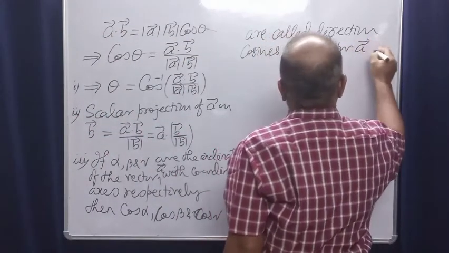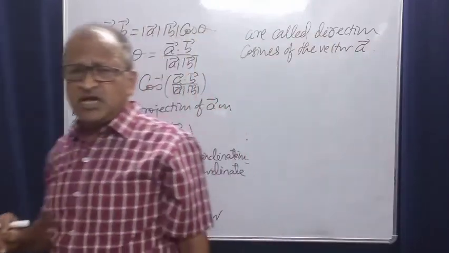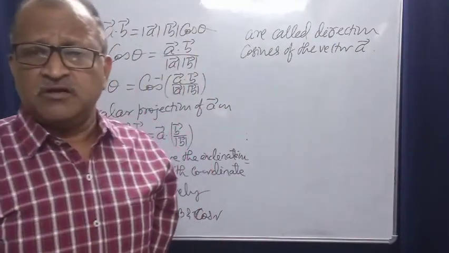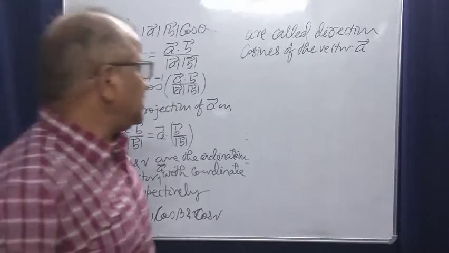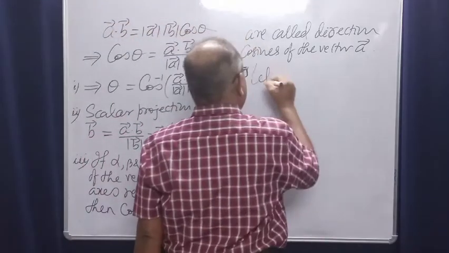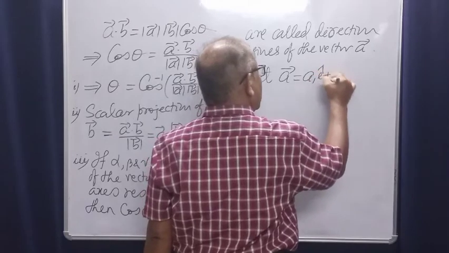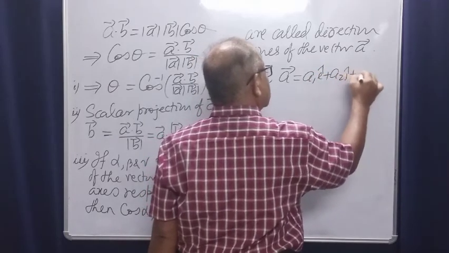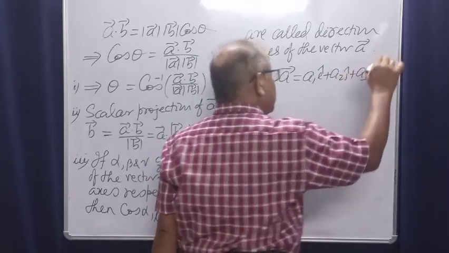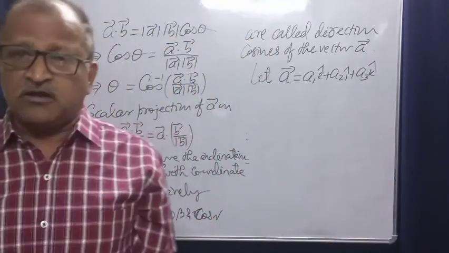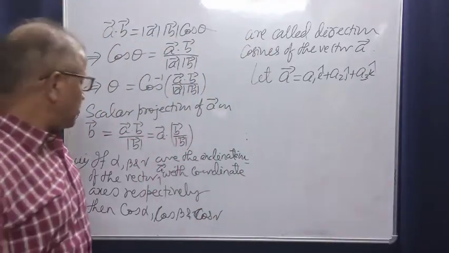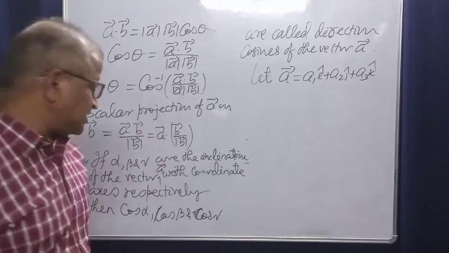Now the question is, how will you get the direction cosines if a is expressed in terms of its components, a1 i cap plus a2 j cap plus a3 k cap? Suppose this is the vector. How will you get the direction cosines?